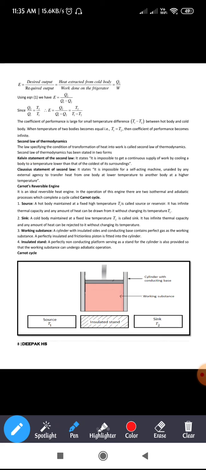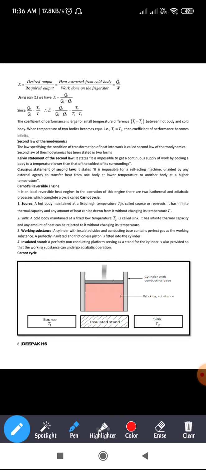This is the first statement. The second statement is the Clausius statement of the second law. It states that it is impossible for a self-acting machine unaided by an external agency to transfer heat from one body at lower temperature to another body at a higher temperature. I think the Clausius statement is very easy to understand compared to the Kelvin statement, right? So we will finish off with the Clausius statement first, then move to the Kelvin statement.